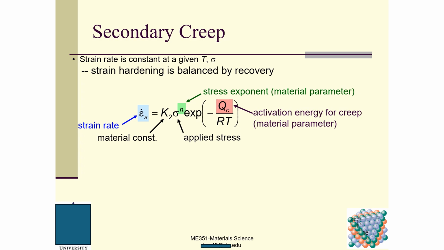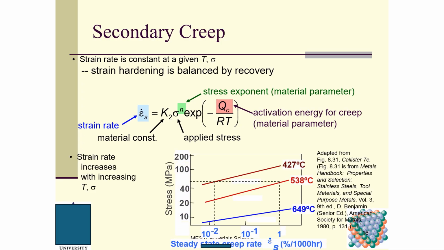R is a constant, and T is the operating temperature. So the strain rate increases with increasing temperature and applied stress. This is a steady state creep rate for different stress levels, the stress in megapascals, for these three different temperatures.